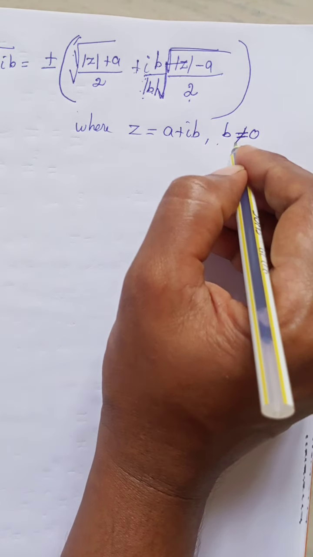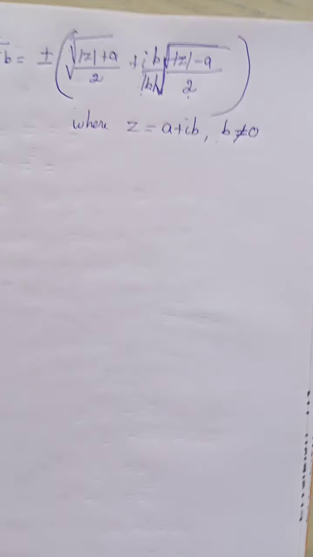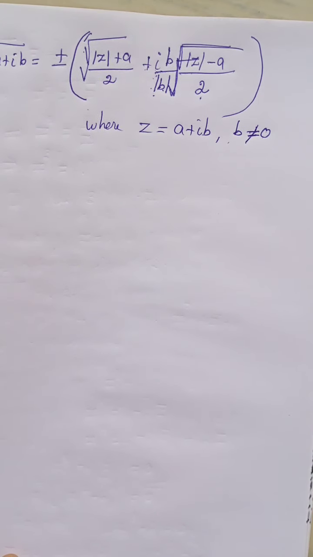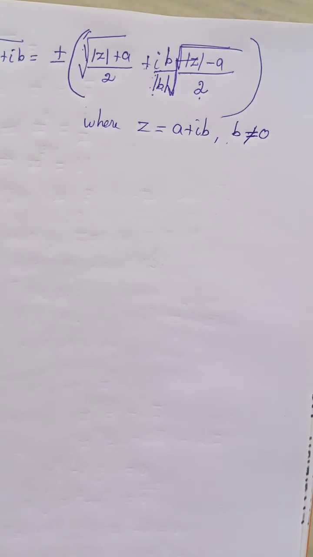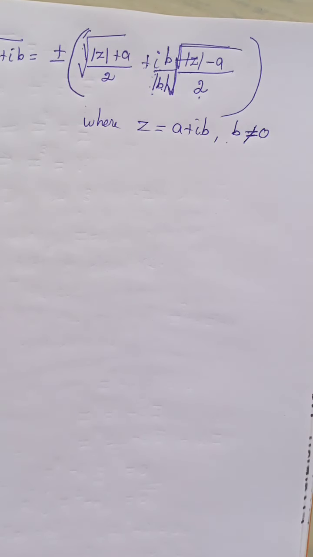If b is not equal to 0, only then it will be a complex number. Is that clear? This is the formula to find out the square root of a complex number. Okay, when we do a problem, you can understand.